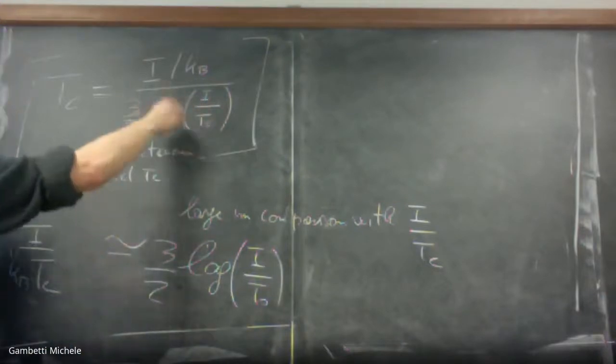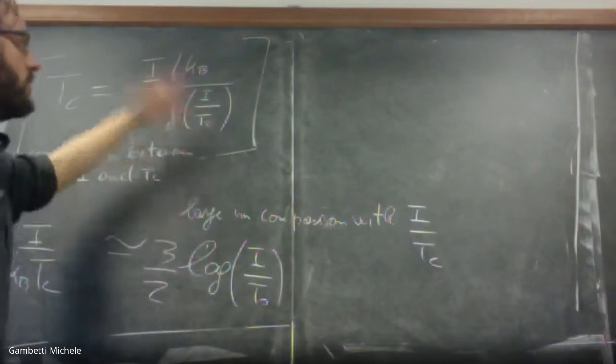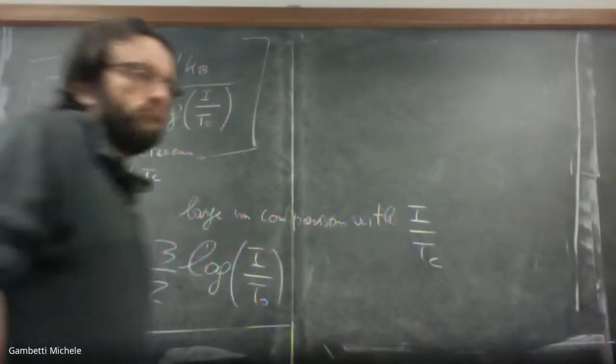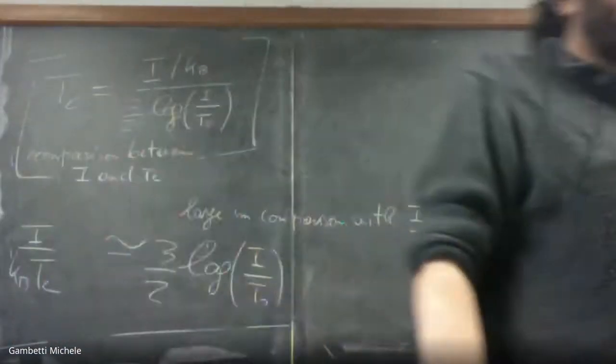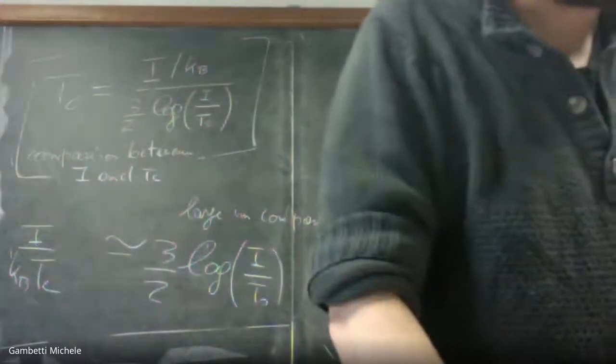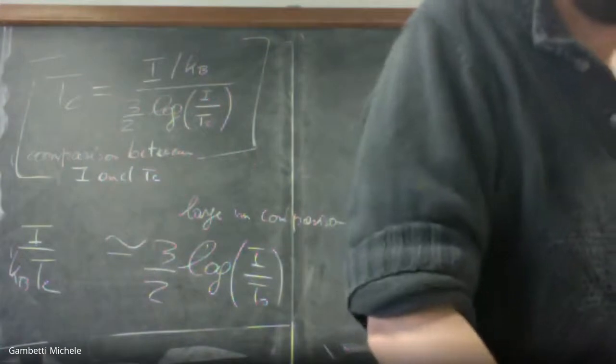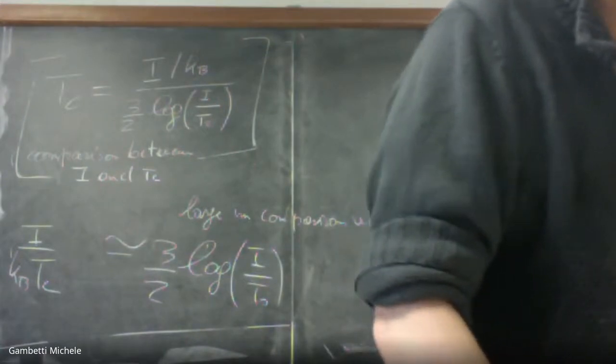So this could easily be of the order of a few tenths as a suppression factor. So I don't need to go to the ionization energy to have an important degree of ionization. I just need to go to, let's say, a factor of 10 less in energy.